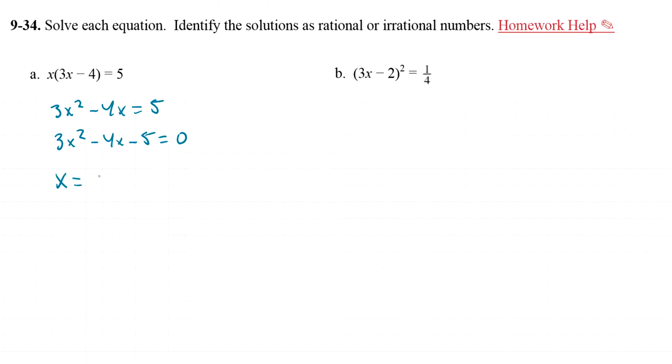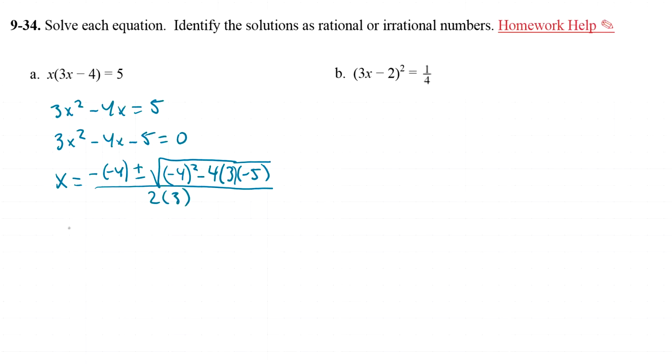So x equals negative 4 plus or minus the square root of negative 4 squared minus 4 times a, which is 3 times negative 5. And that's all divided by 2 times 3.